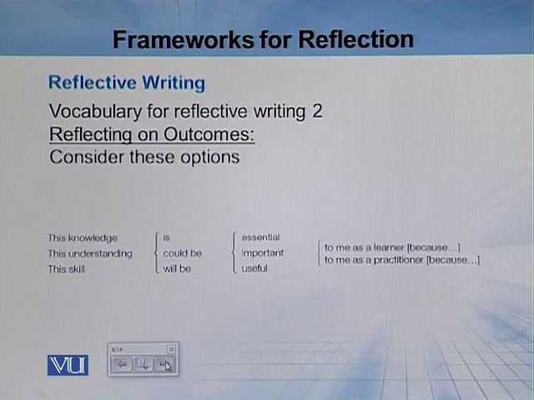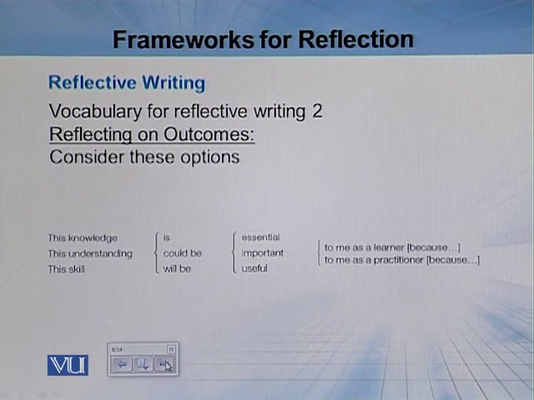And looking at outcomes, you can think of not only knowledge, but your interpretation of that knowledge, your understanding, and the skills that you're applying in the classroom. So in terms of what you've learned, you can focus your attention on these particular categories and think about, again, the depth of experience that you've had.